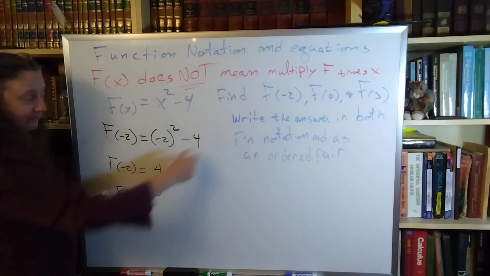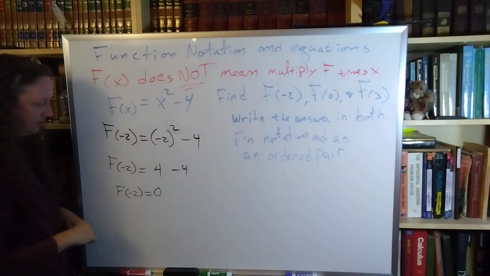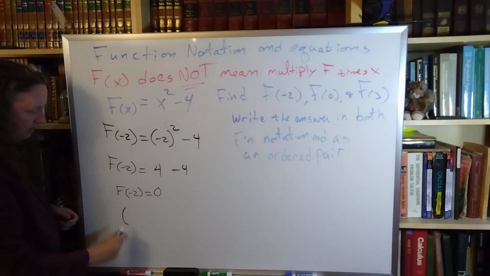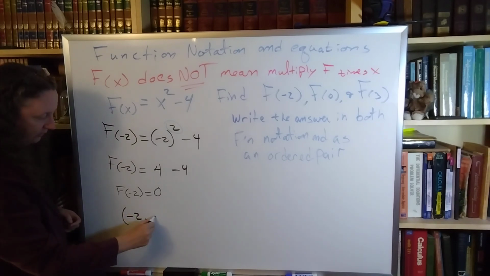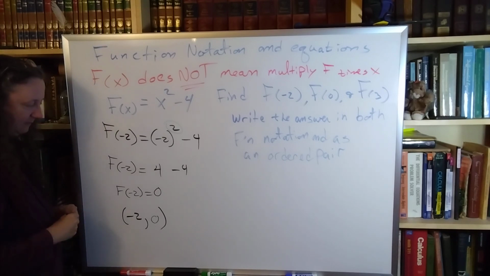So that takes care of my function notation. Now I have to write it as an ordered pair. So as an ordered pair, I take my x, which is the -2, comma, my y, which is the 0, and I put those in parentheses like that. So those are my two answers.